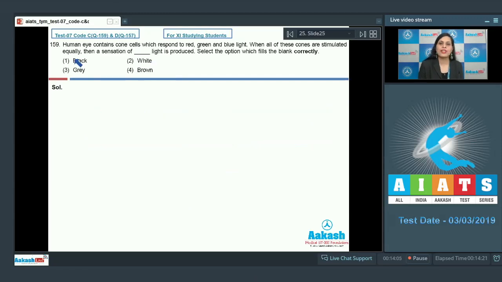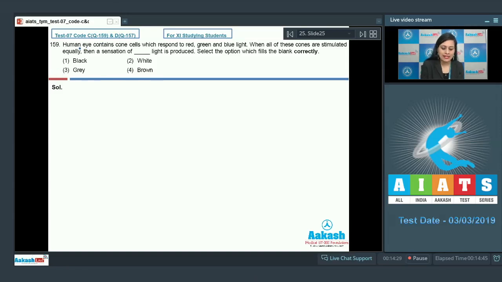Question number 159. Human eye contains cone cells which respond to red, green and blue light. When all these cones are stimulated equally, then a sensation of blank light is produced. Select the option which fills the blank correctly, and the options are black, white, grey and brown.